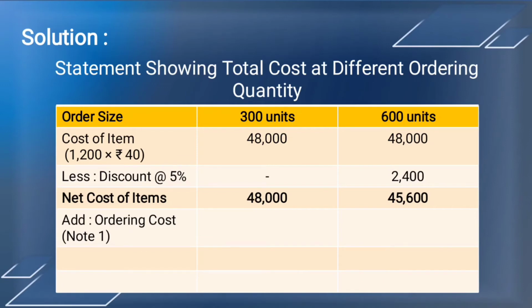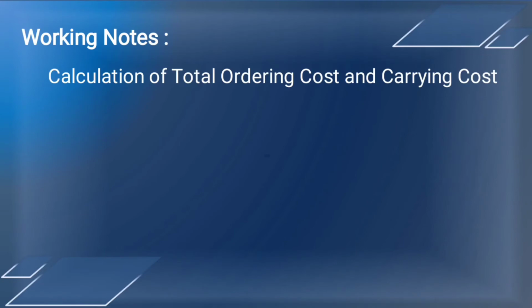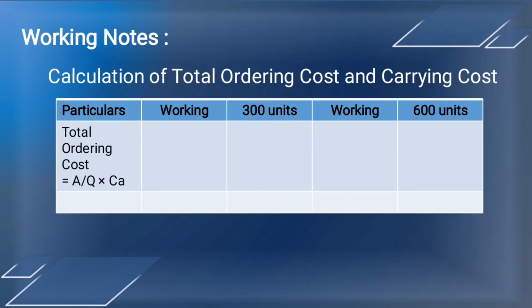Add ordering cost. So let us calculate ordering cost. Calculation of total ordering cost and carrying cost. Particulars: working for 300 units and working for 600 units. So total ordering cost is equal to A upon Q into CA.